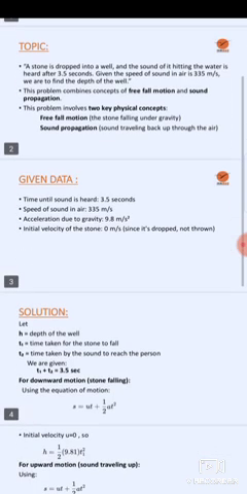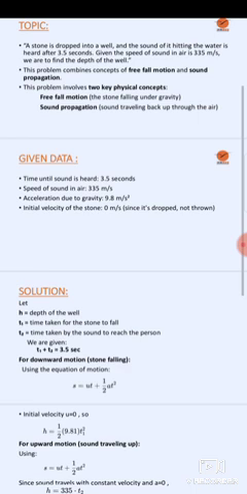Given data: time until sound is heard is 3.5 seconds, speed of sound in air is 335 meters per second, acceleration due to gravity is 9.8 meters per second square, initial velocity of the stone is 0 meters per second since it is dropped, not thrown.